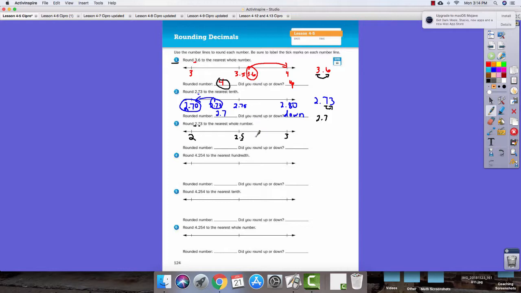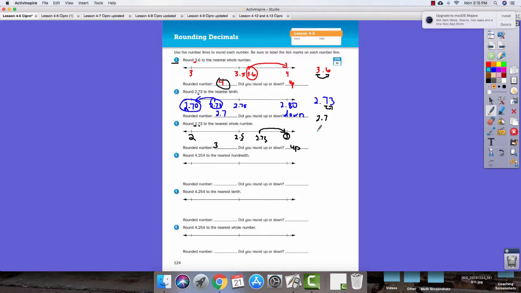So 2 and 73 hundredths would be somewhere over there, past the halfway mark. I would round that up to 3, because it's past my halfway mark. My rounded number would be 3 in this case, and I rounded up.